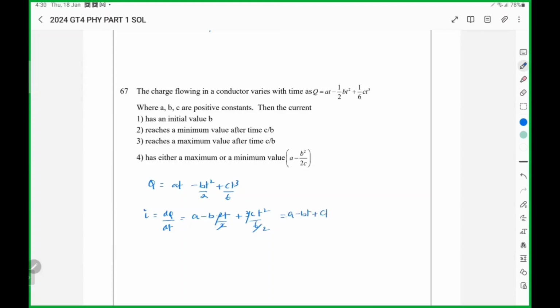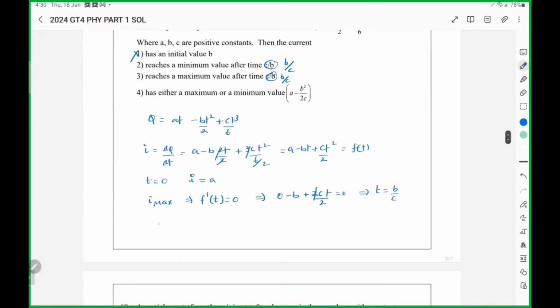The current at time t0, I here is A. For I maximum or minimum, we set dI by dt equal to 0, giving minus B plus Ct, so the time is B by C. Here it made a mistake; it is not C by B. Whether it is minimum or maximum, the condition is the same.